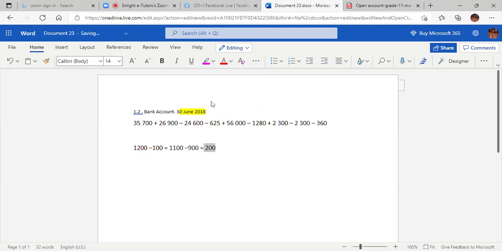Okay, let me highlight it again. Let's make an example for if you minus it. No color.